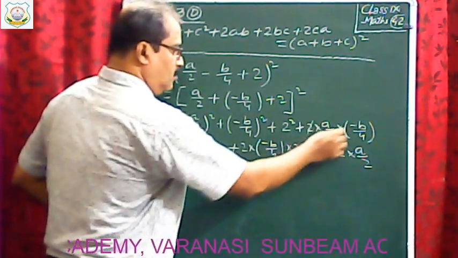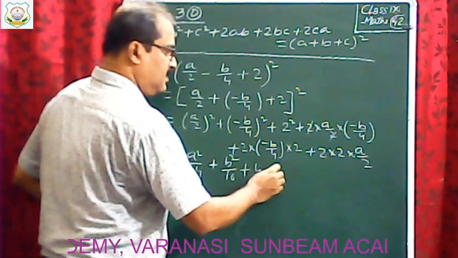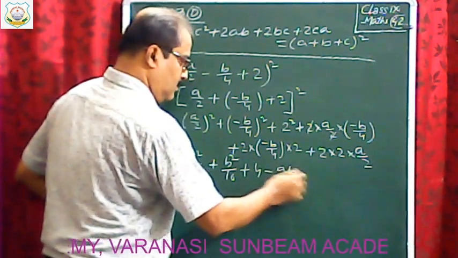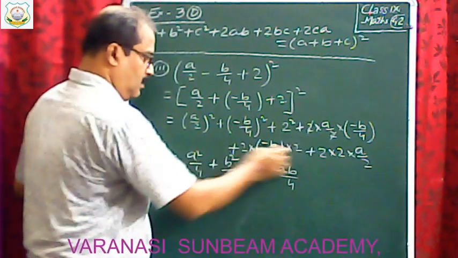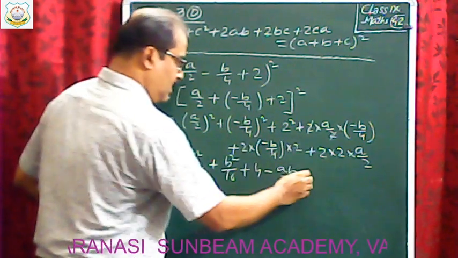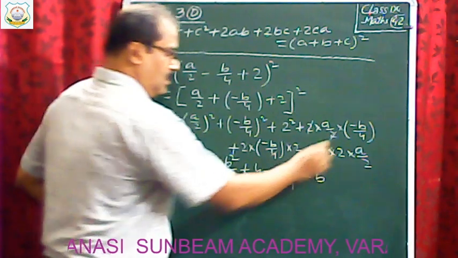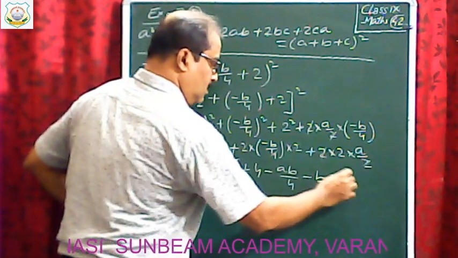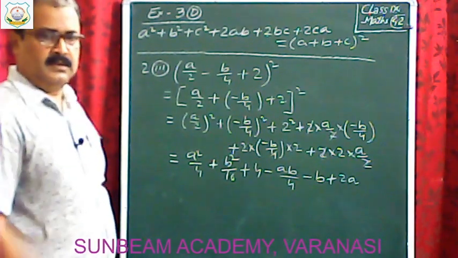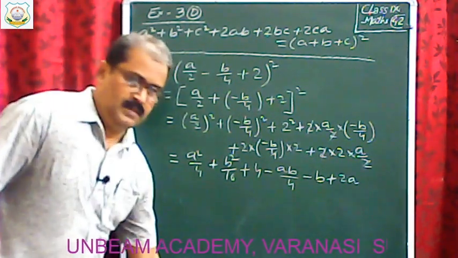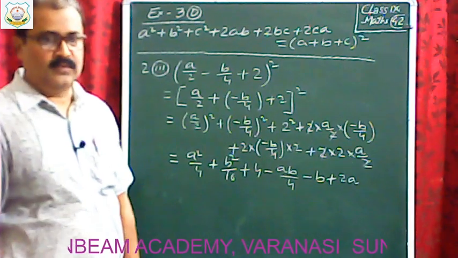Thereafter 2 cancels, plus minus ab by 4. Okay, 2 2s are 4, cancel, plus minus b. 2 cancels, you get plus 2a. Okay, in this way you have to expand the given square of a trinomial.